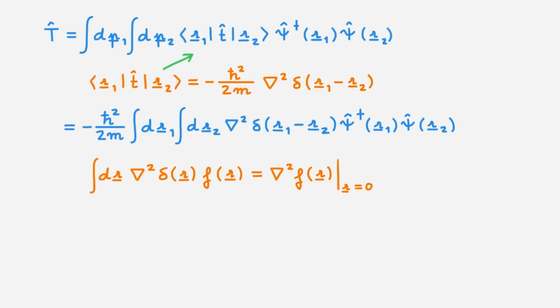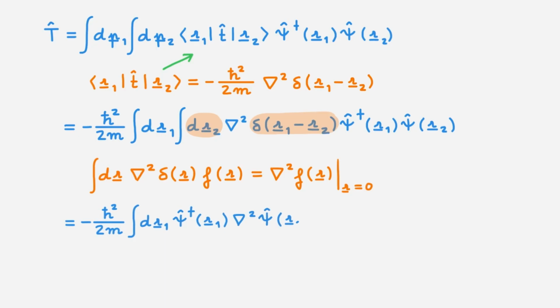Using this general expression, we can evaluate the R2 integral here, and this delta function means that all R2 arguments will become R1, and doing this, the kinetic energy operator reduces to minus h bar squared over 2m times the integral over R1 of the creation field operator at R1 and the Laplacian of the annihilation field operator at R1. And that's it. This is our expression for the kinetic energy operator in terms of field operators.